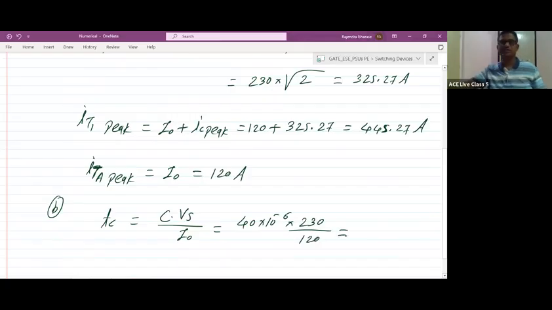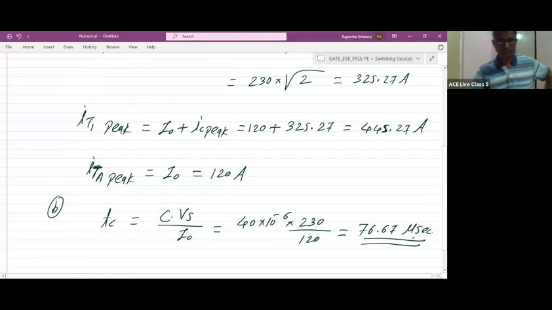If we check, it is equal to 76.67 microsecond. Is this clear? So we stop here. If you are having any doubts, please ask.